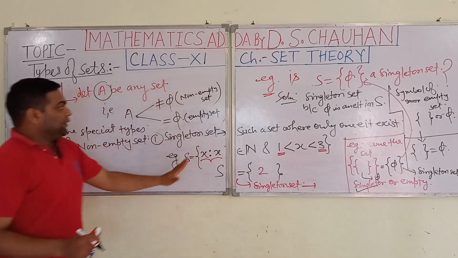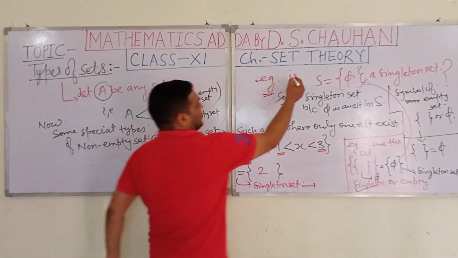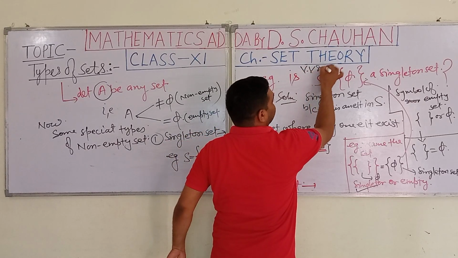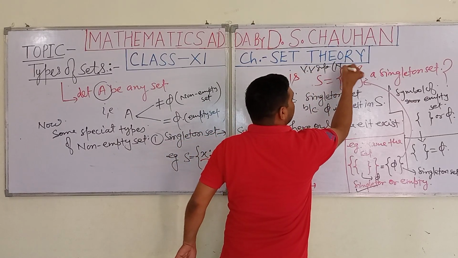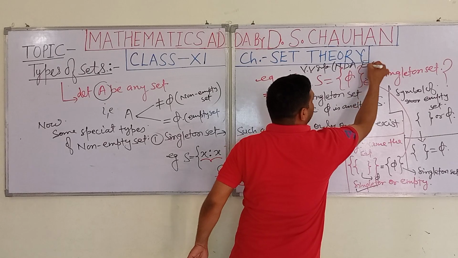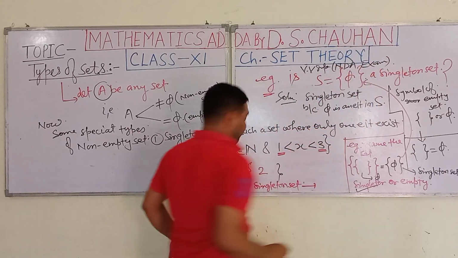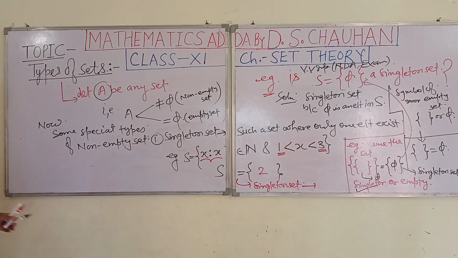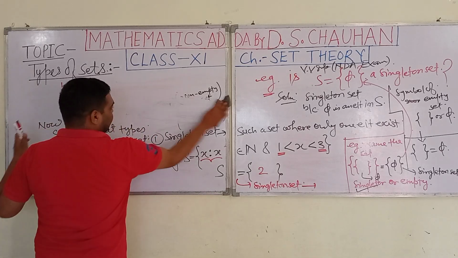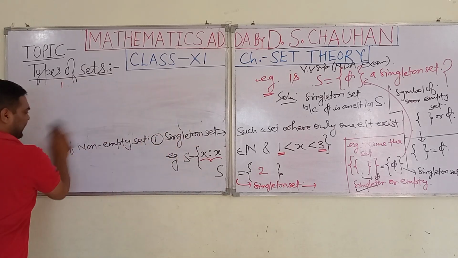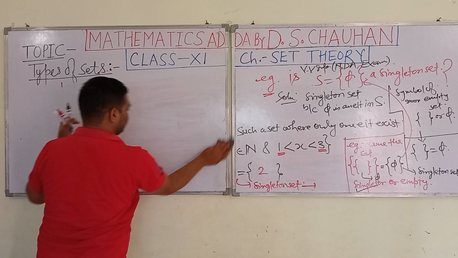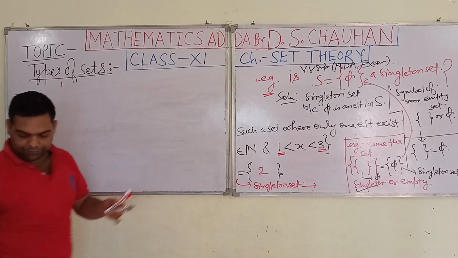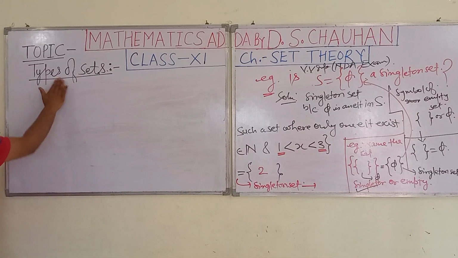Don't get confused, students. I hope it is clear to all my students about the singleton set. Also I have described some examples related to the singleton set. Well students, remember, this is a very important question. Most of the time this question comes in NDA exams.